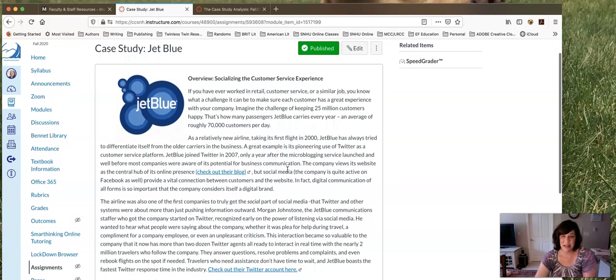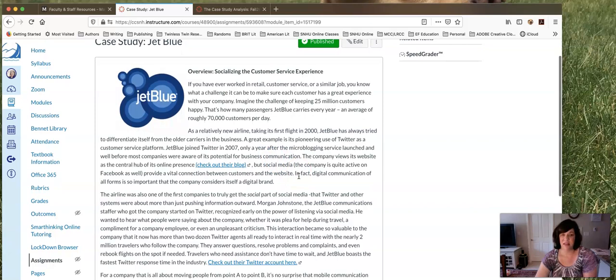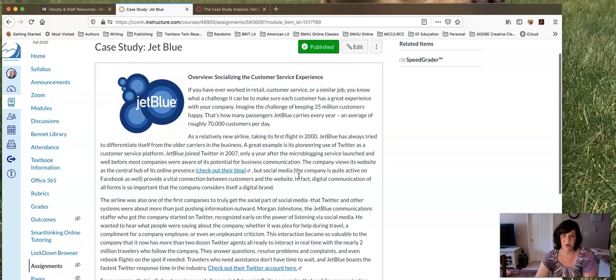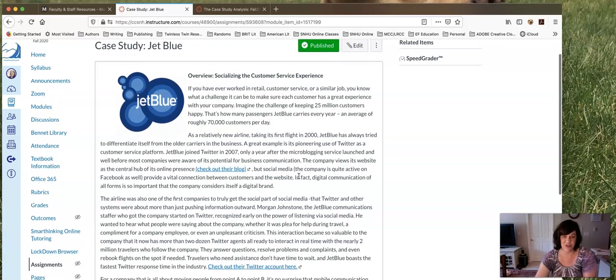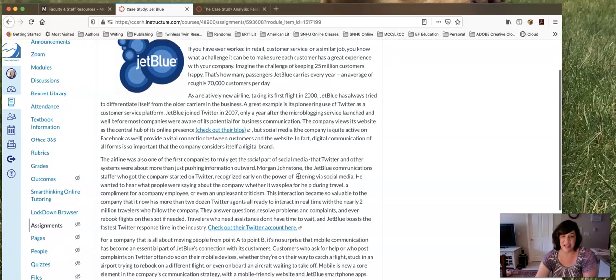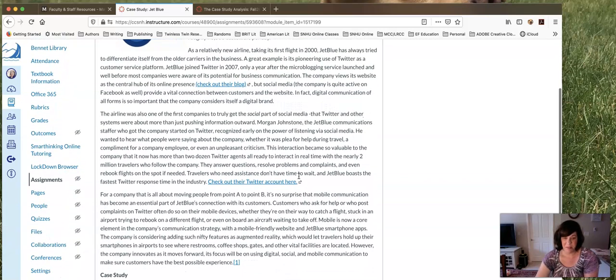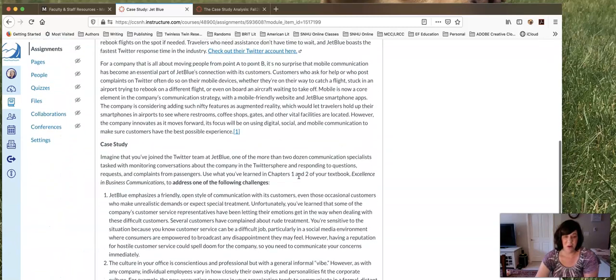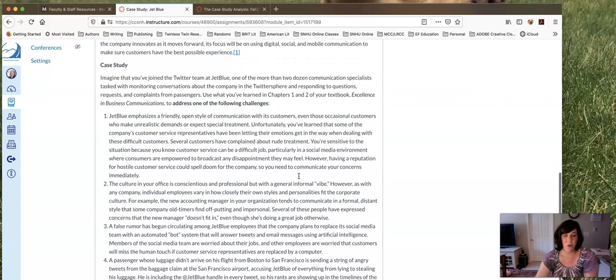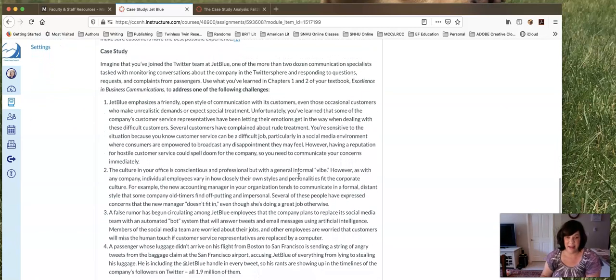So you can see in the beginning, I have an overview of the company JetBlue. Overview: socializing the customer service experience. So it's quite lengthy information about the case study. And down below, you can see there are 4 choices, 4 hypothetical situations, of which you will select one, and you will address the following challenge.